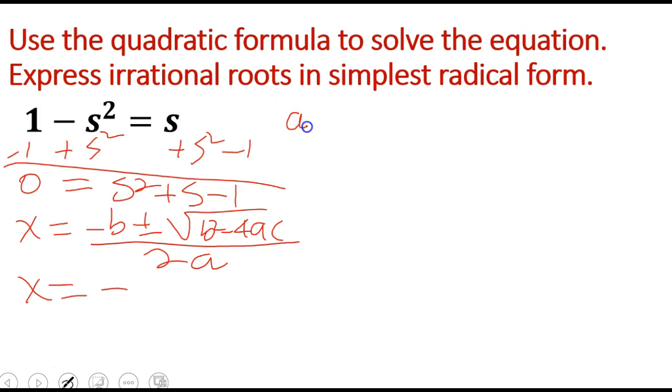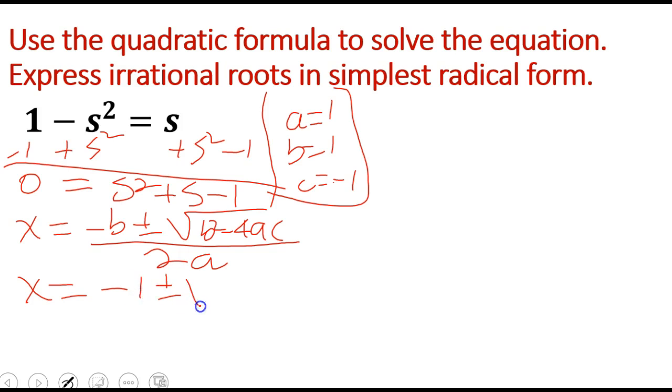Now our a is 1. Our b is also 1. Our c is negative 1. So our a is 1, our b is 1, our c is negative 1. So this one will be kind of easy. So negative b is negative 1, plus or minus square root of b squared, which is 1 squared, minus 4 times a, which is 1, times c, which is negative 1, all over 2 times 1.